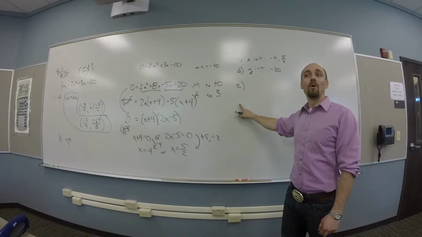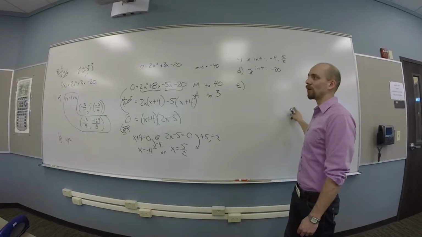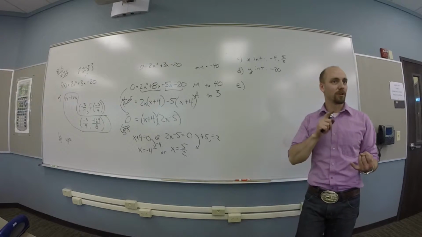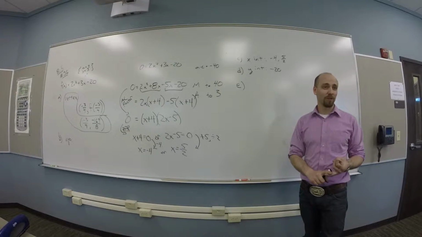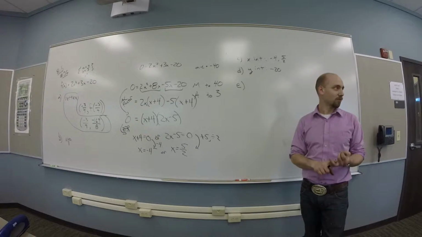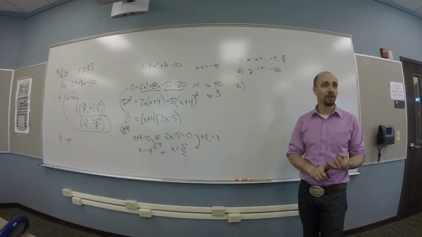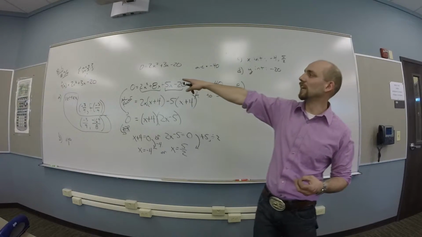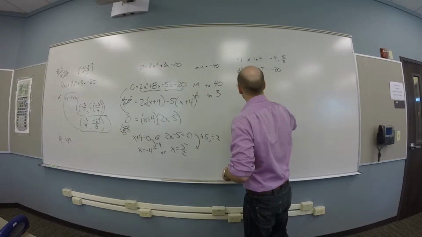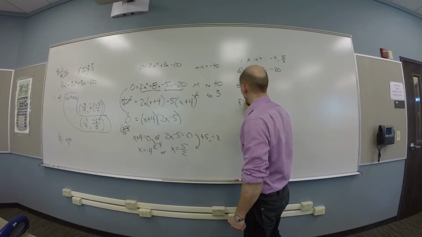Or I could wonder, what are the operations I'm not allowed to do? The only two things I'm not allowed to do are divide by 0 or take the square root of a negative number, so far. We'll find some more things that we're not allowed to do later. That doesn't have either of those, so the domain's probably all R.